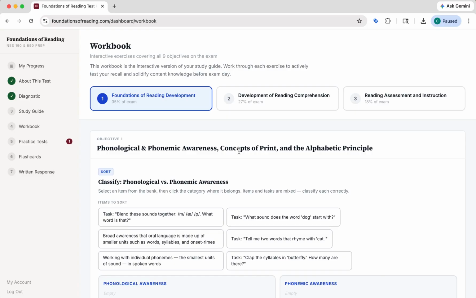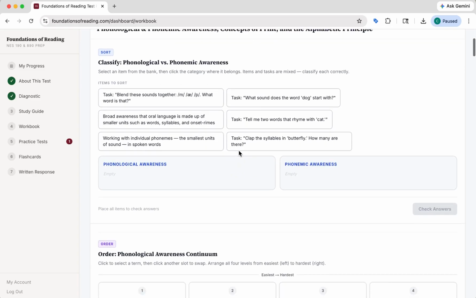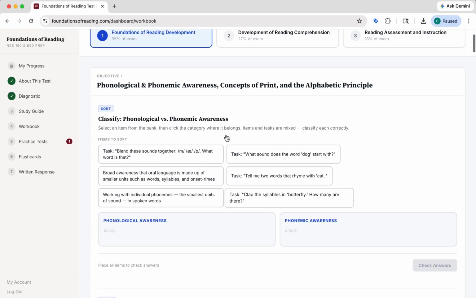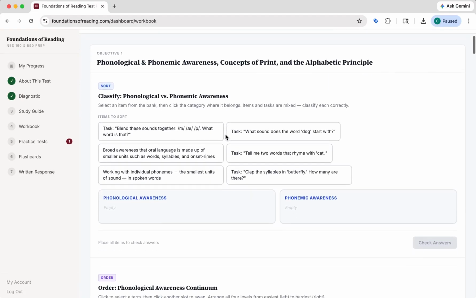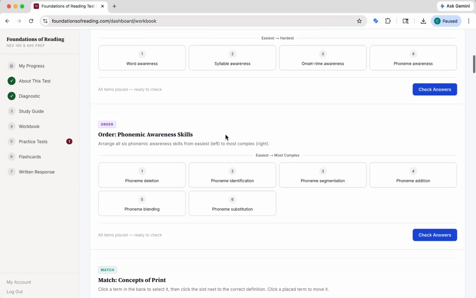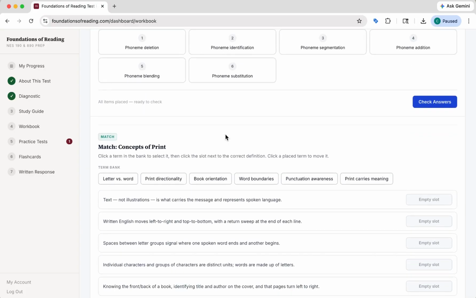And so in this lesson, you and I are going to go over our workbook, and we are going to literally complete this. Now, I showed you the study guide first because our workbook is based on the study guide, but the workbook is an interactive component that really helps you remember and engages your learning, so that you can recall the information on exam day.